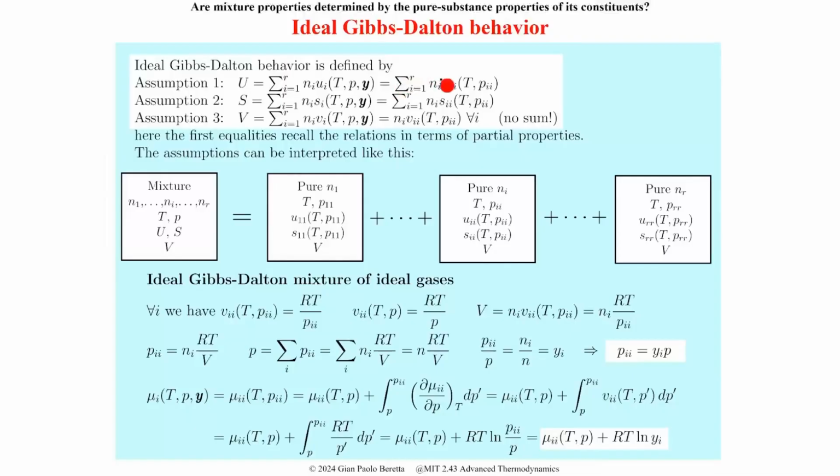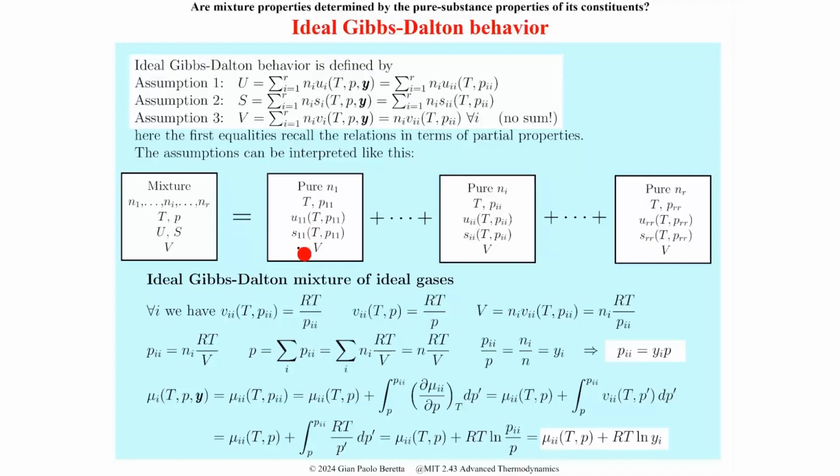So this last equation is the defining equation for ideal Gibbs-Dalton behavior. The first one here, I have added also the general expression, which is valid always, which gives the property in terms of the partial properties. The same for the entropy, so it's additive.